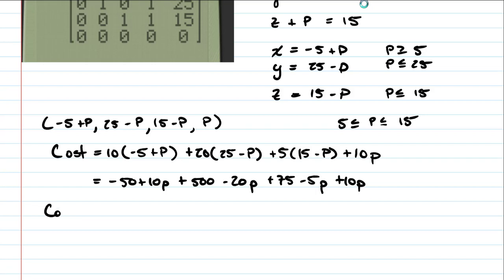So we get our cost, collecting our like terms: 10 take away 20 is negative 10, negative 15 plus 10 more is negative 5. And then we collect up our constants: negative 50 plus 500 is 450, plus 75 is 525.